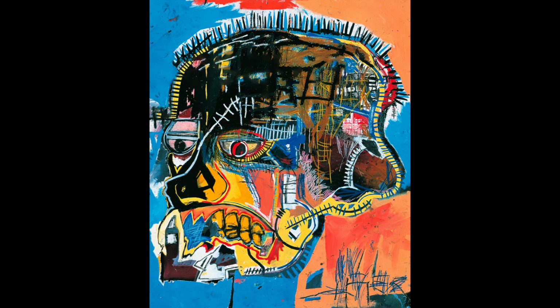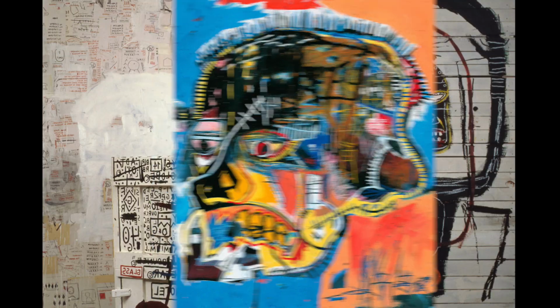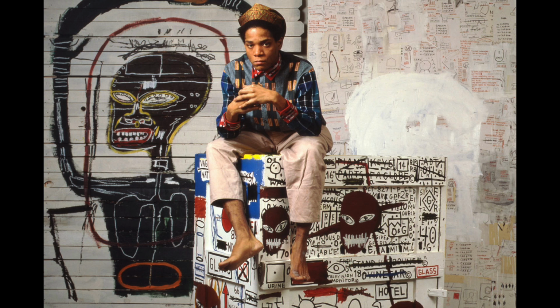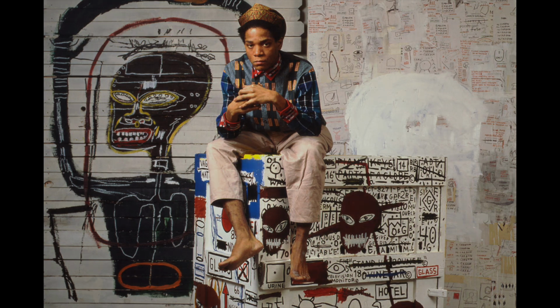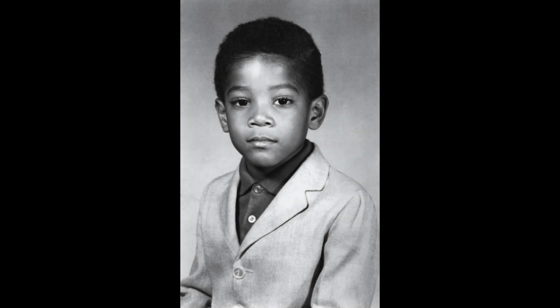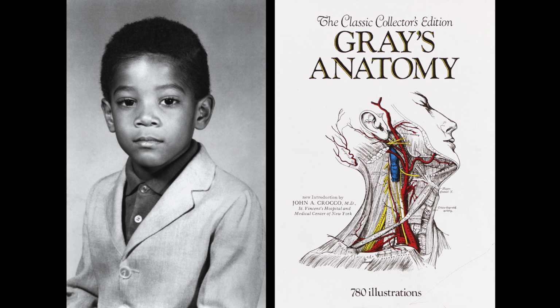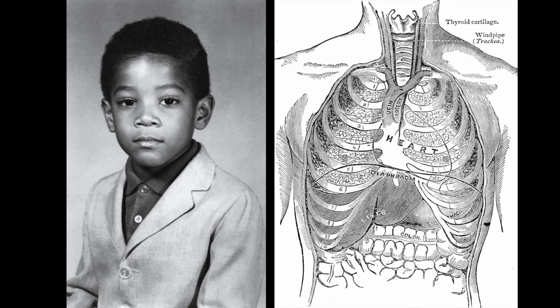Basquiat's fascination with skulls can be traced back to his childhood when he was exposed to the concept of death at an early age. He was hit by a car when he was 8 years old while playing baseball in the street. His arm was broken and he suffered several internal injuries requiring him to stay in the hospital for a month. To help him pass the time, his mother gave him a book called Gray's Anatomy, a medical reference book on the human body.